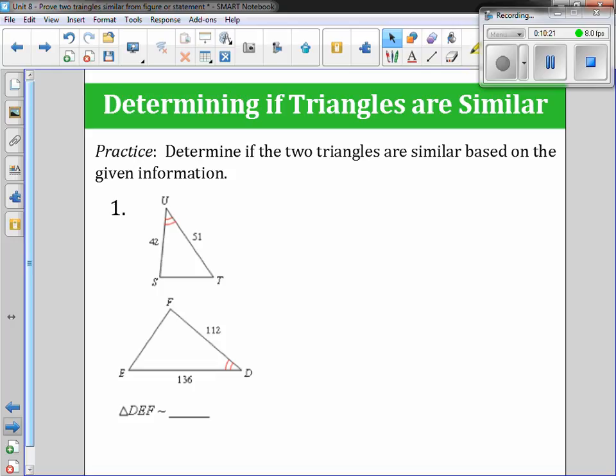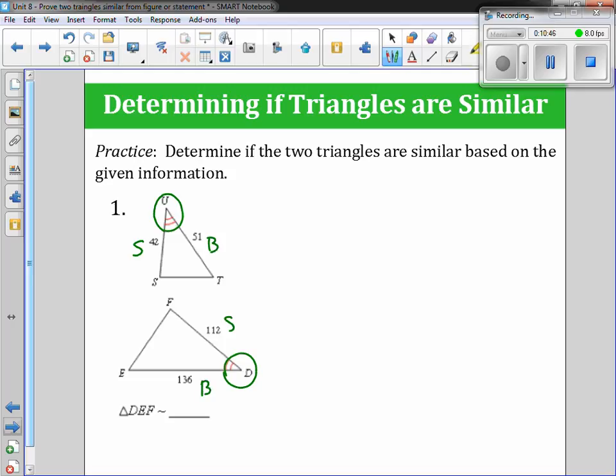Now that you've had time to try this, let's take a look at what the actual answer is. Because we are given two sides and one angle, our question is whether or not this is side, angle, side. So we already know that the angles are congruent, so that passes that test. What we need to do is figure out if the sides are proportional. So we want to compare the small side with our big side, small side with our big side.